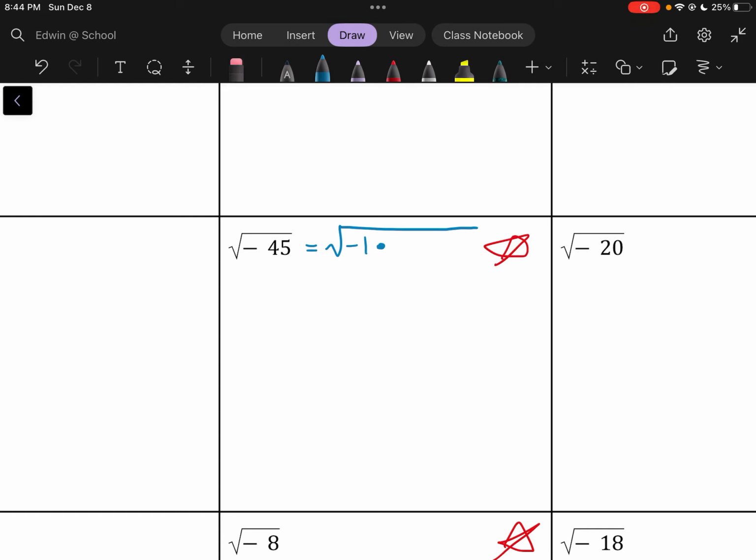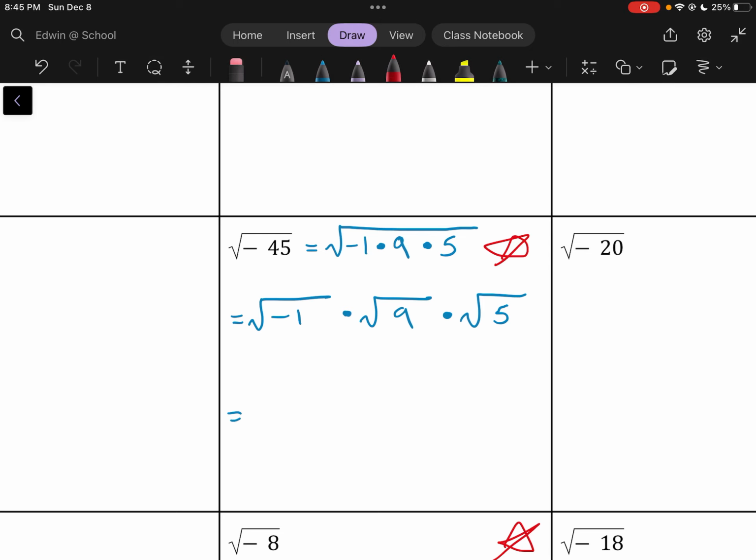Negative 1 right there. And then, well, we said 9. And obviously 5 is left over if we divide 45 by 9. So we have all these things, meaning with the product property, we can take it out individually. Radical negative 1 times radical 9 times radical 5.